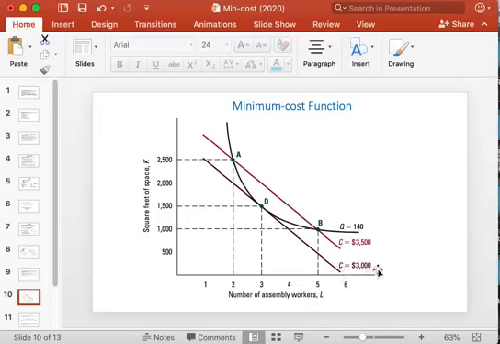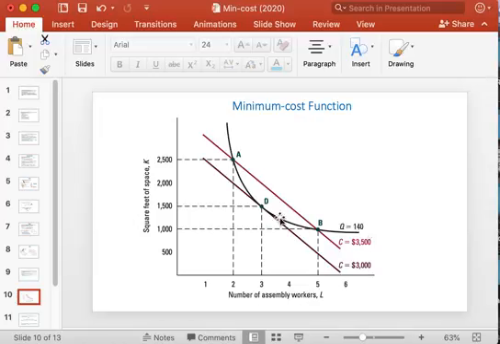At this point, the combination of inputs of production is 1,500 square feet of space and 3 assembly workers. This will give you the minimum cost of producing 140 units of output.